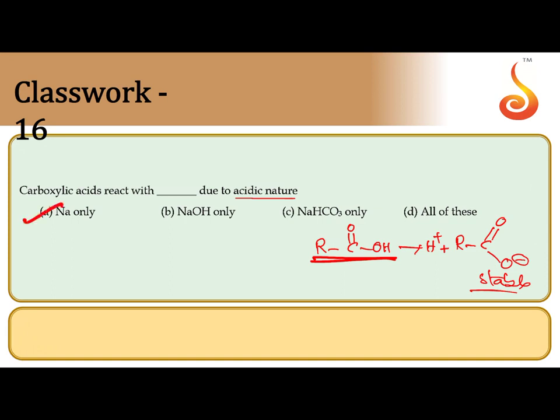Because of this acidic nature, it reacts with sodium, with sodium hydroxide, and even with weak bases like sodium bicarbonate or sodium carbonate. So carboxylic acids can react with all three because of acidic nature. So the correct answer is D. Whenever 'all' is there, you have to take care. Correct answer is D.